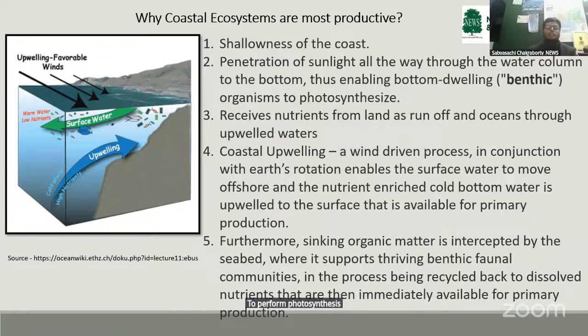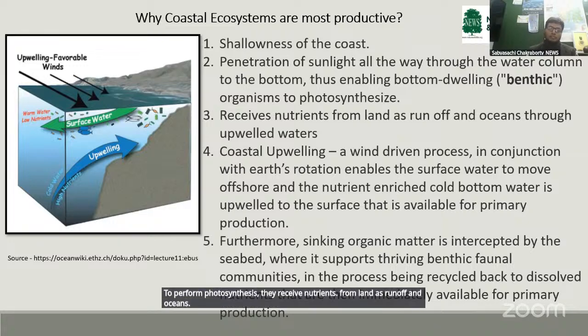They receive nutrients from land as runoff and from oceans through upwelled waters.